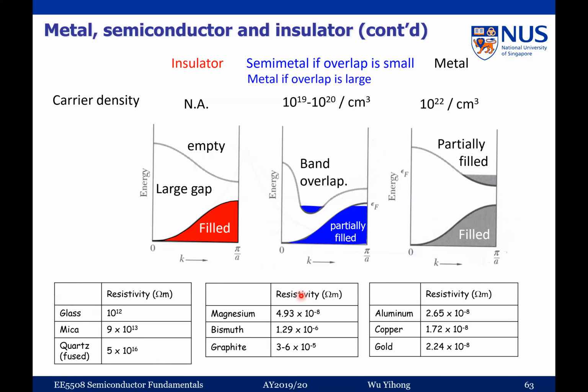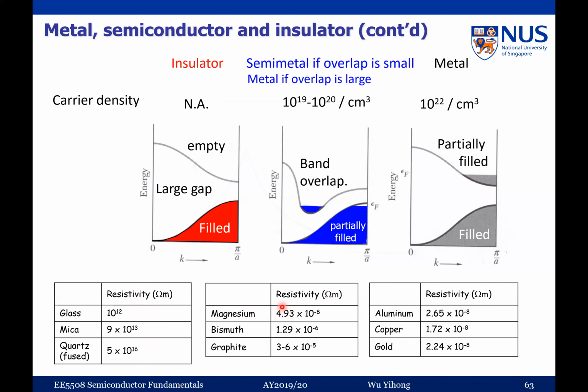Okay. So here we just list the resistivity of some typical insulators and semi-metals, and also the so-called good metals, good conductors, right? And of course, glass, mica, and quartz, these are very good insulators.